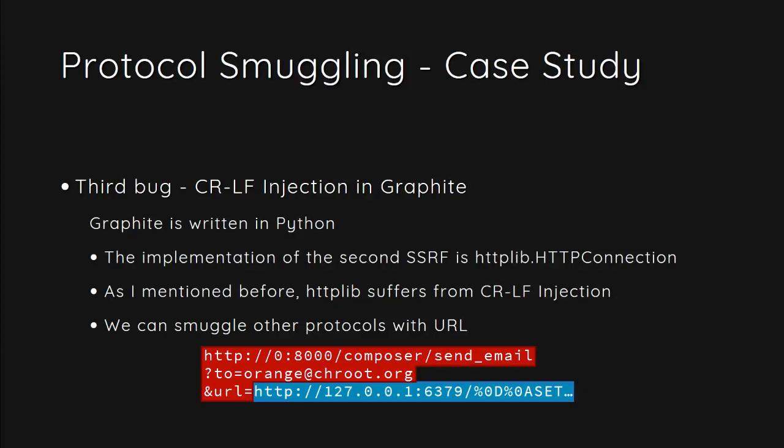As you can see, the implementation of the second SSRF is Python httplib. Earlier, we mentioned that httplib suffered from CRLF injection. So, with the CRLF injection, we now have the ability to smuggle protocols in this SSRF execution chain.